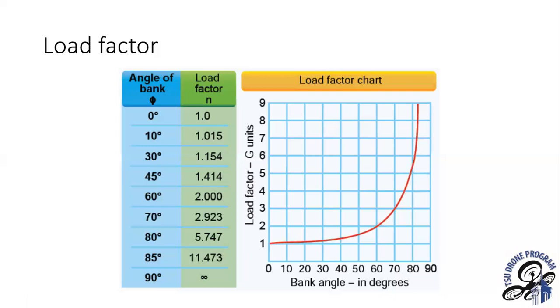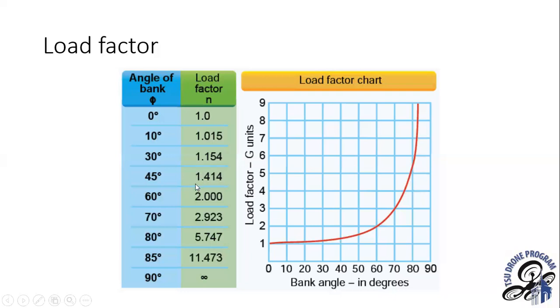They will give you the initial weight of the aircraft. So let's say in our example, the weight of the aircraft is 10 pounds, okay? Under this situation where we had a 45-degree bank, we increased the load factor. What we would do is multiply that 10 pounds by the new load factor, which is 1.414.